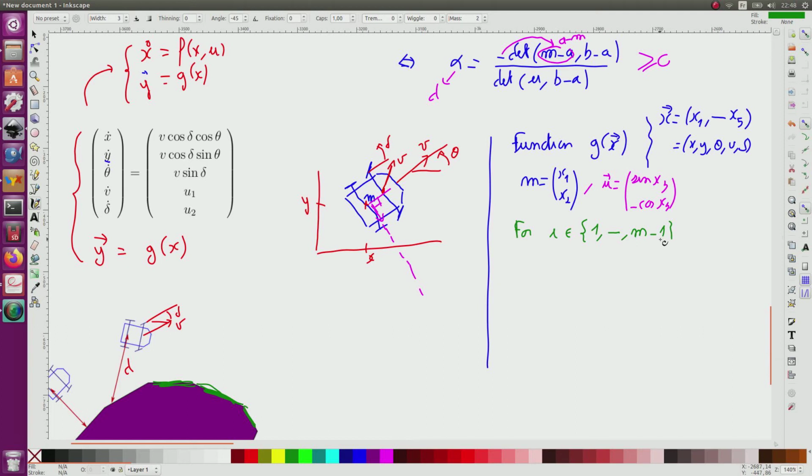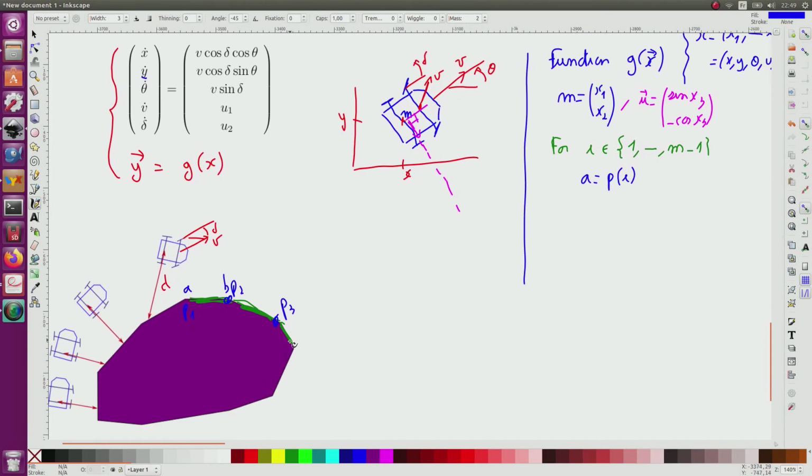Then from this, I will build for each segment A and B. So I will write A equal taken from the polygon P of E. So here I will have, for instance, P1, P2, P3, P4, and so on, P5. Okay, so I will write A equal P of i and B equal P of i plus 1.